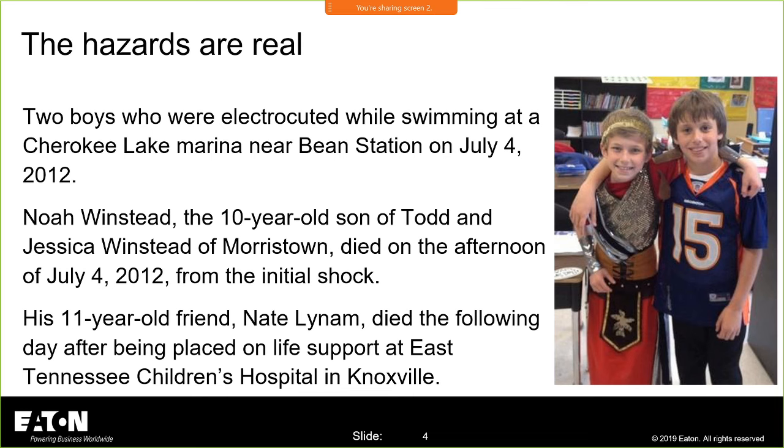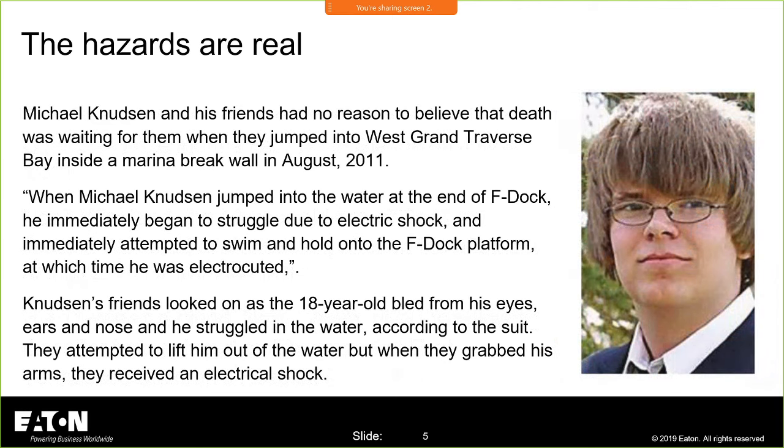Depending upon what state you're in, you may have heard of the Noah Winstead Act. Unfortunately, whenever a state loses a child, in some cases they change legislation and try to address the codes and standards in and around marinas. Michael Nudstead. Here's another one. Jumped into the water, and he was electrocuted. 18-year-old.